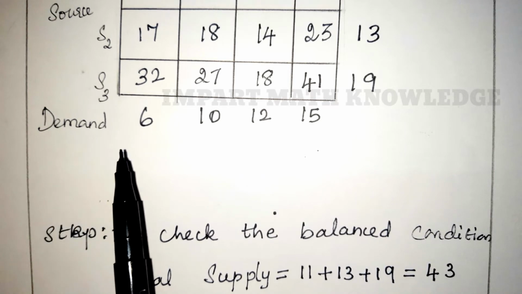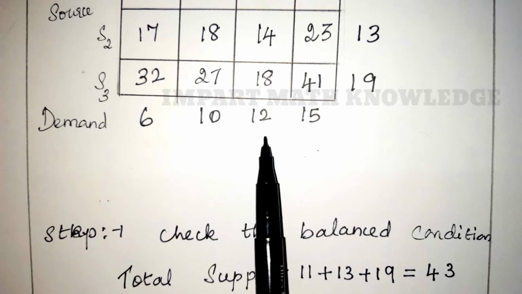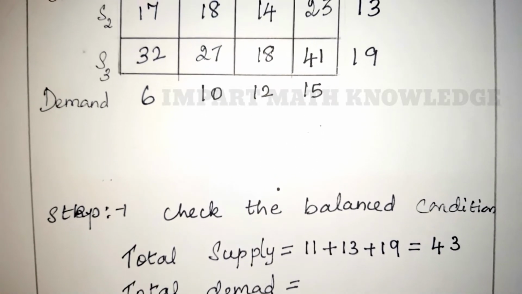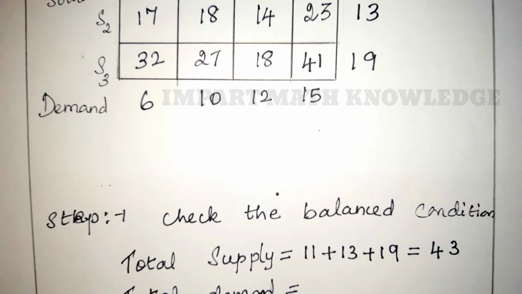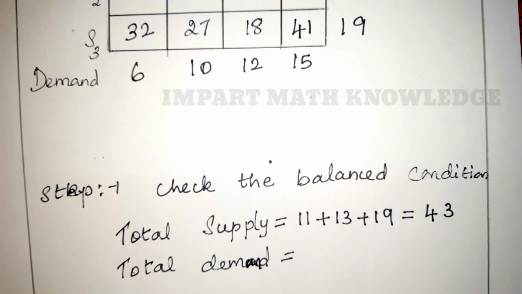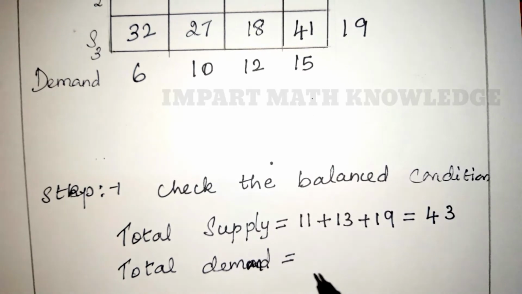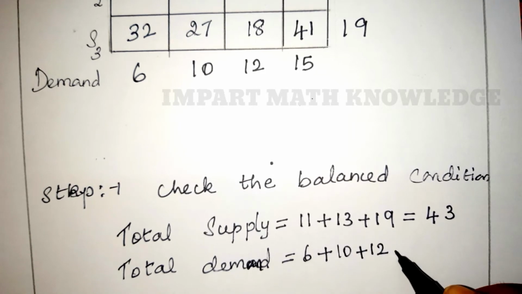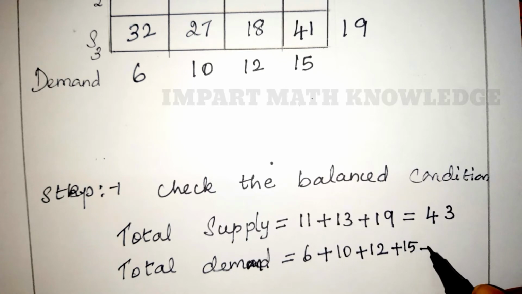Total demand is 6 plus 10 plus 12 plus 15. If you add this, you will get 43.